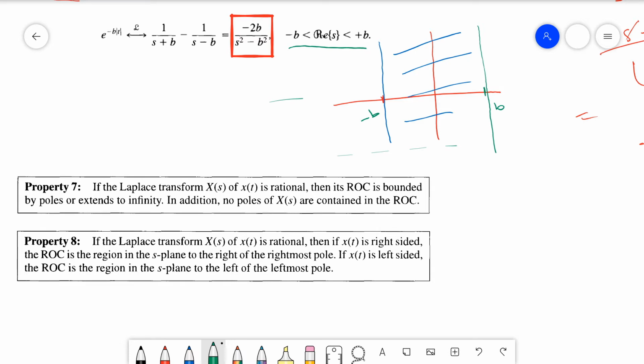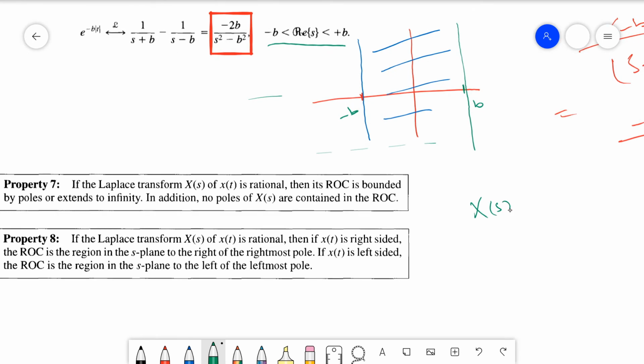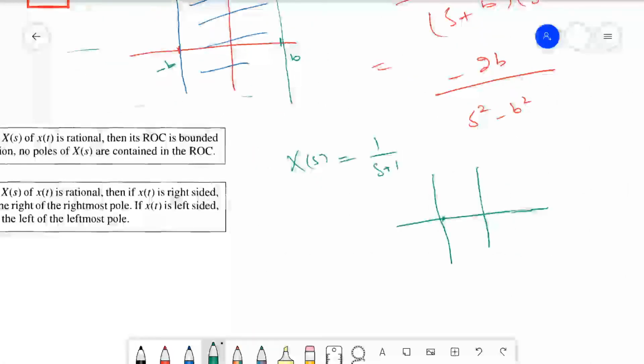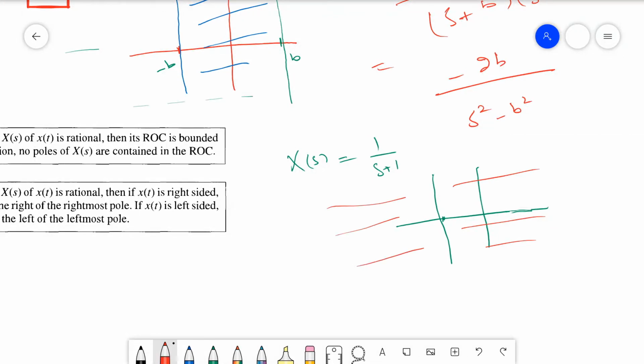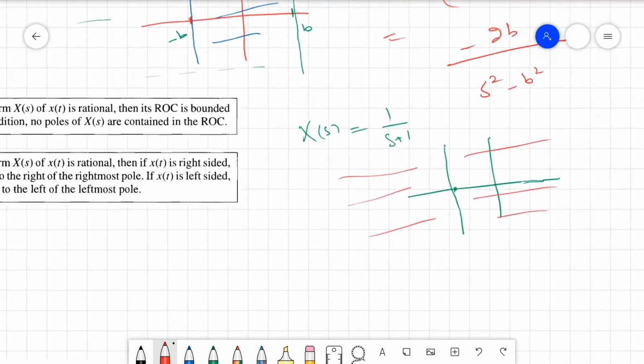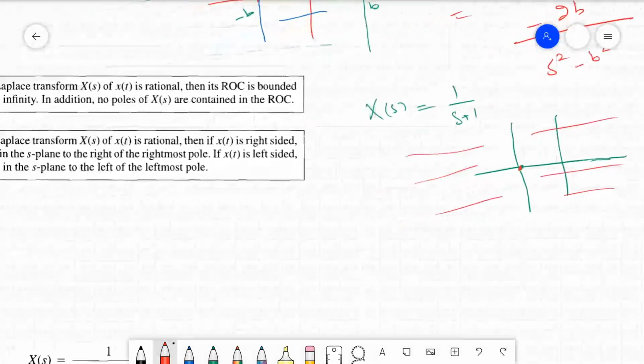We have seen this many times, that if there is a pole, let's suppose x of s is 1 over s plus 1, then the region of convergence will be bounded by this point, either on this side or on this side, depending upon the conditions and the type of the signal. Then the region of convergence will be bounded by the pole itself. The pole will not be in the region of convergence, but the region of convergence will be bounded by this pole.